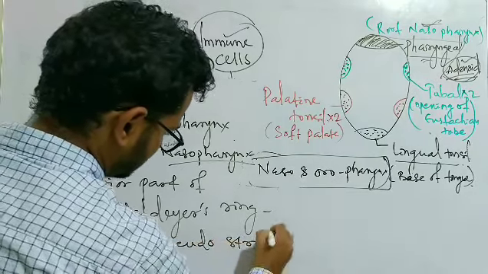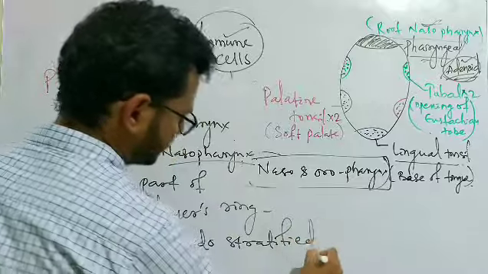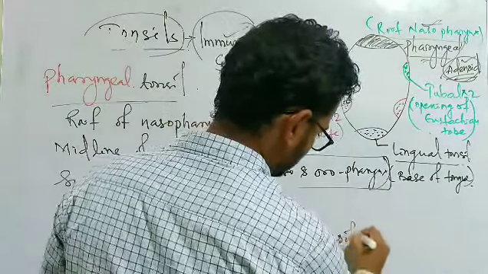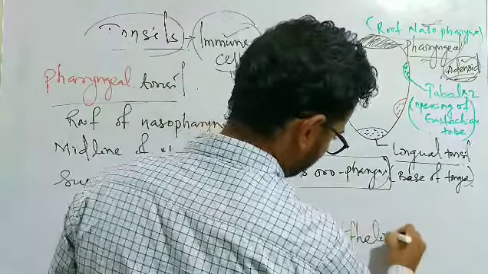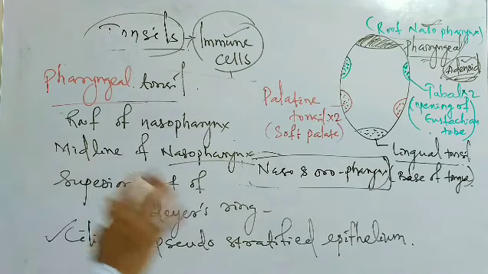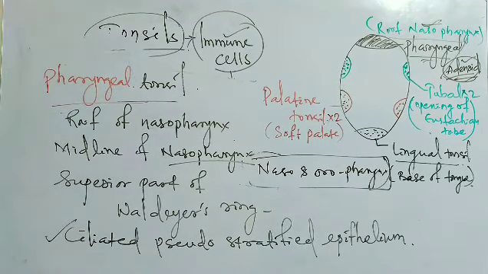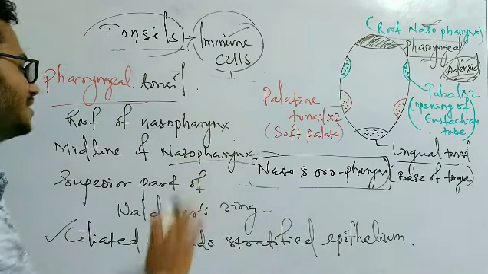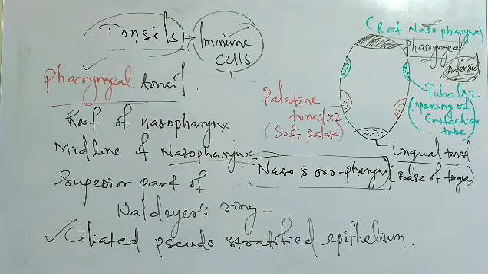In case of the lingual tonsil, the covering was stratified non-keratinized squamous epithelium. But here it is ciliated pseudostratified epithelium in case of the pharyngeal tonsil, the superior part of Waldeyer's ring.